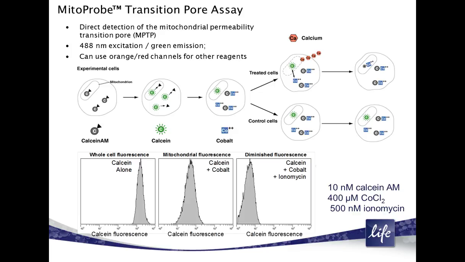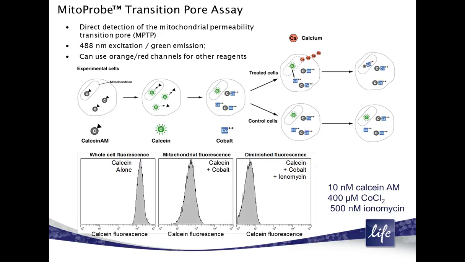The MitoProbe transition pore assay kit uses a published imaging assay to look at this event by flow cytometry, and it is based on the selective passage of cobalt by the pore. So this illustrates the principles of the assay. Cells are loaded with calcein AM, which passively diffuses into the cytosolic compartments, including the mitochondria, where it is cleaved by esterases to form the fluorescent dye calcein.